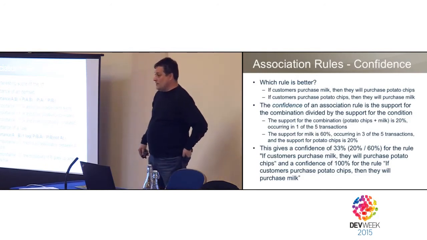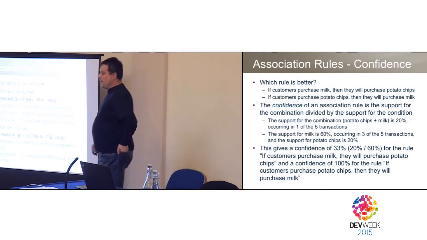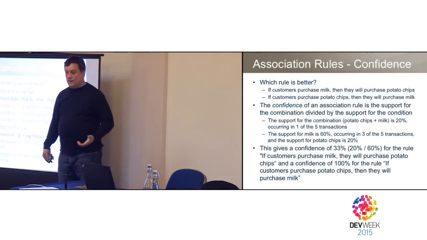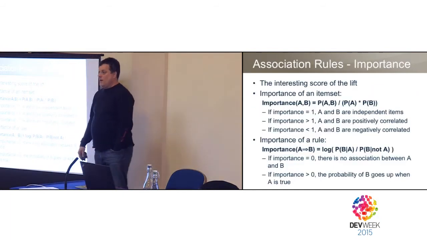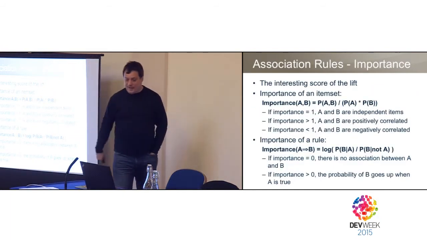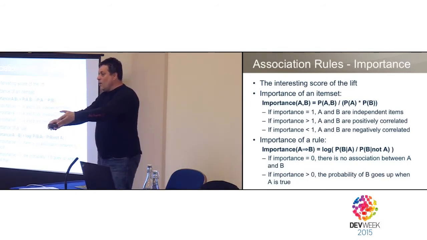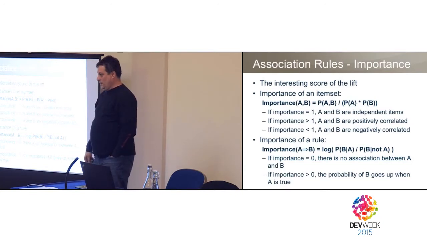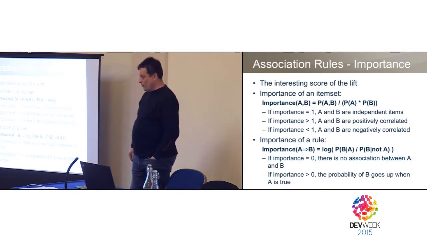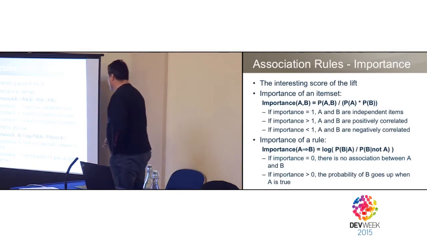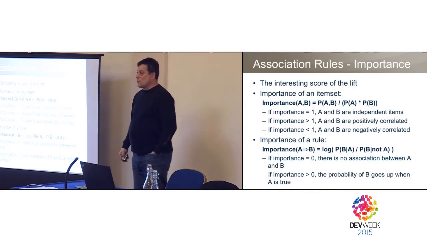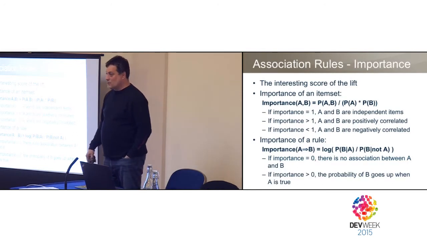And importance, well, basically we are measuring only positive associations here. But what if I have also negative association? What if having an item in a basket lowers the probability of another item? This is what you get with importance. Basically, the idea is simple. You use a logarithm, which will give you negative values for negative associations.